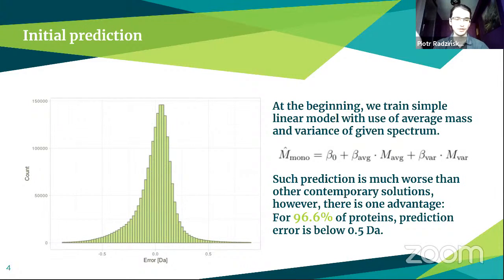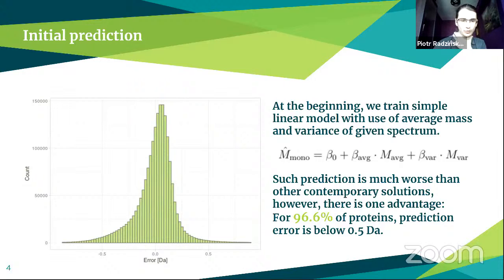So far, this initial prediction is really, really bad. I mean, an error equal to 0.4, for example, is definitely too big to be useful to anyone. However, there is one very important feature here: 96.6% of the predictions are closer to the true peak than half of a Dalton.